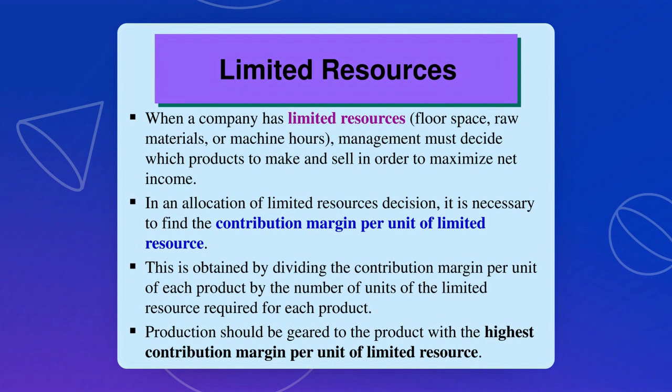So, meaning to say, class, when the company has limited resources, very important here. For example, paano masasabi na limited resources? For example, floor space, kulang yung floor space mo, kulang yung raw materials mo, yung machine hours mo din kulang, no?